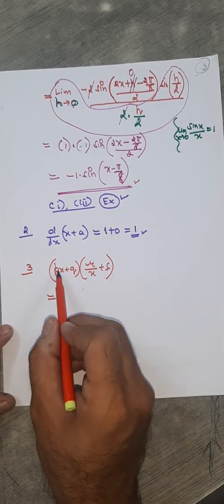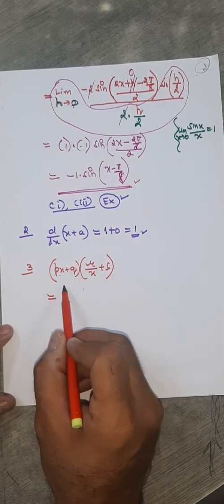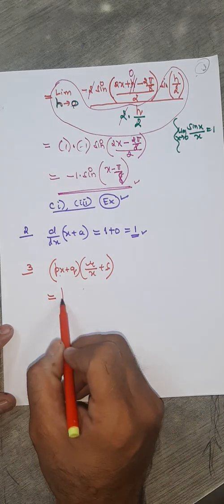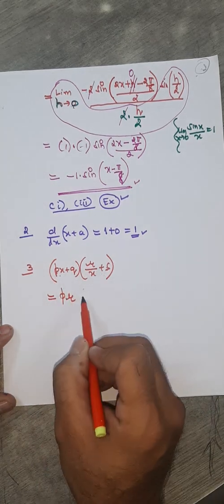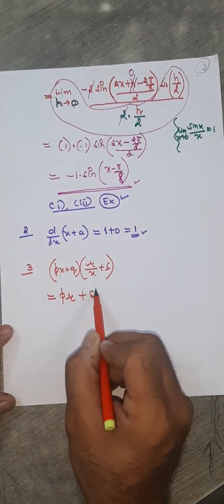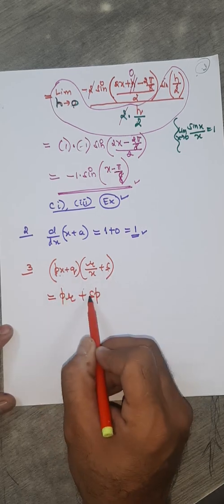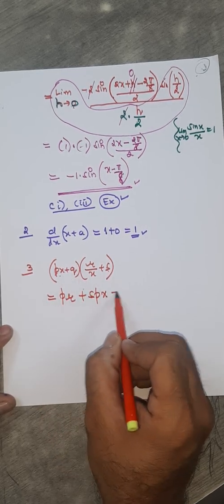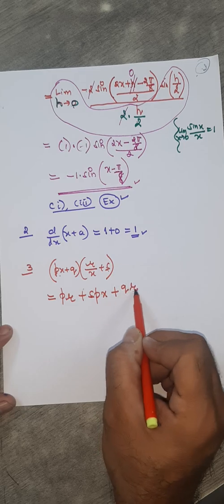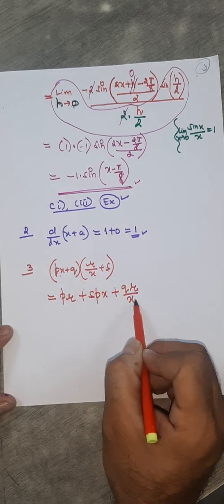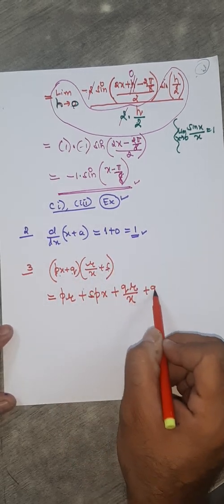I'll just open the bracket. So this into this, x and x will get cancelled, it is just pr. Then what about this? s into px, plus what is this? qr by x, and this is qs.